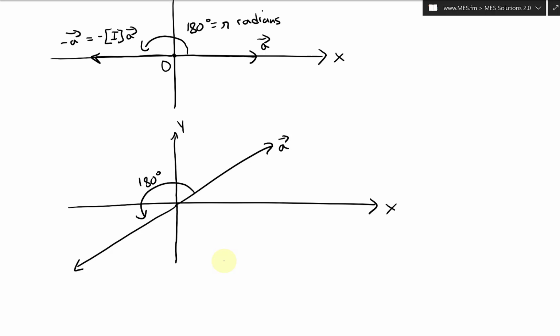If that's A, this is going to be negative A, which equals negative the identity matrix times a vector. And there's the origin. This is absolutely fascinating stuff.